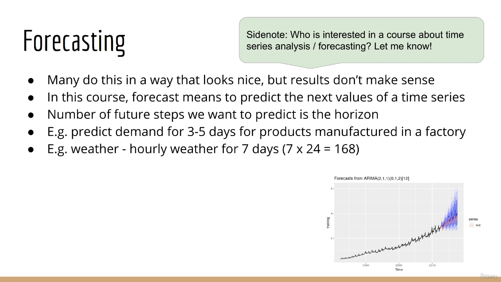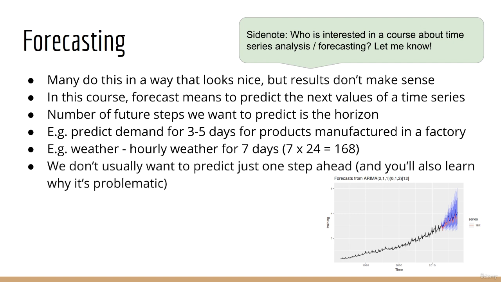So if we predict the weather for each hour over 7 days, that's 7 times 24, which is 168 hours. So if your sequence step size is hours, that would be predicting 168 steps ahead. This is important, so remember, you don't want to just predict one step ahead.